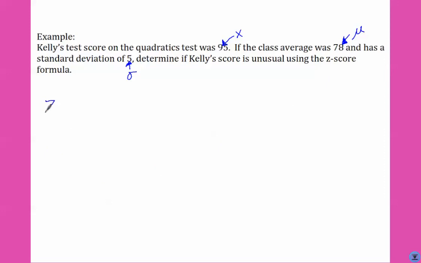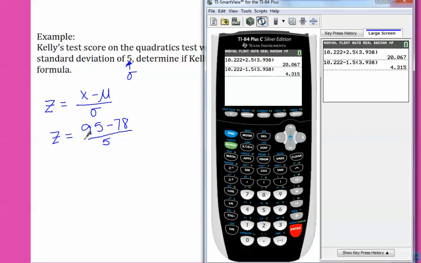So our z-score formula is x minus mu over sigma. So our z is going to equal 95 minus 78 over 5. When we do this in our calculator, to get that flat fraction bar, we can do alpha, y equals, and then enter.